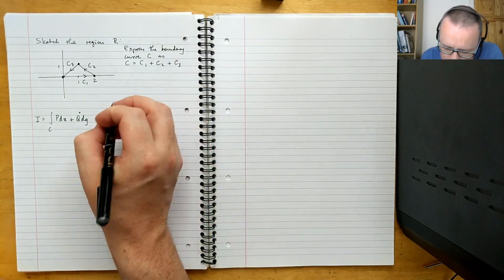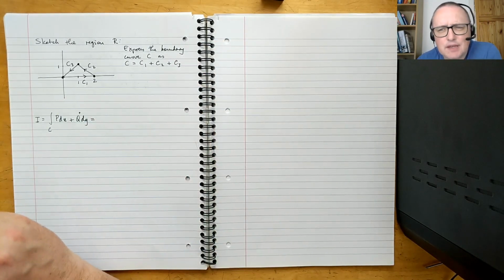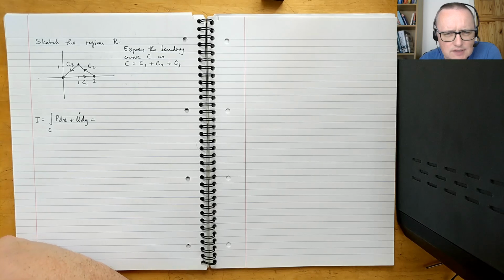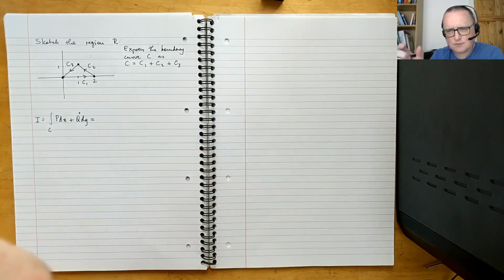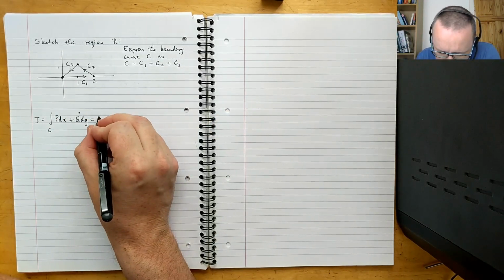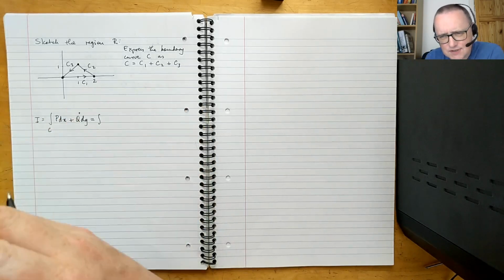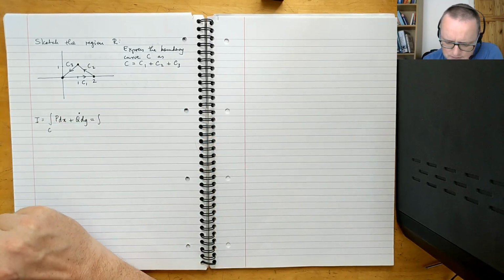And if I do that, then I can break down the integral. Because the property of integrating along curves is that if you break down the whole curve into different parts, one after the other, you can break down the integral as the sum of the integrals over those individual parts.